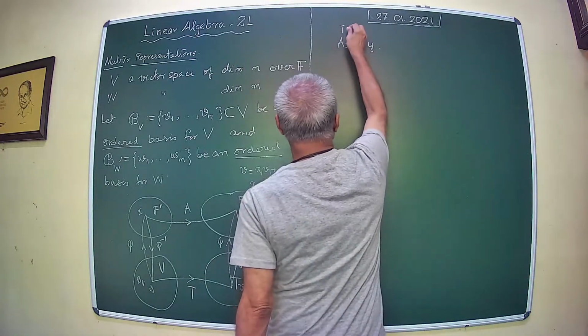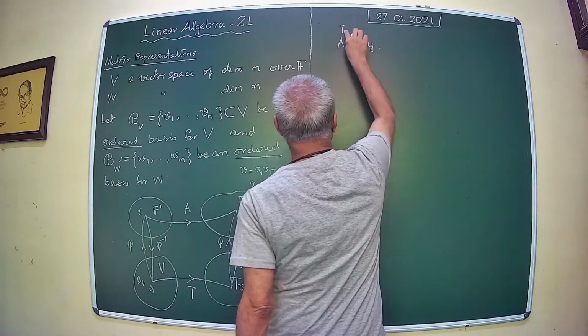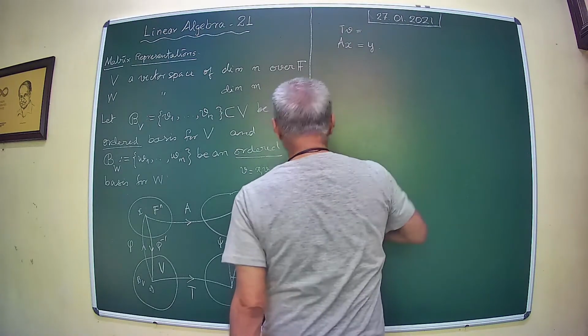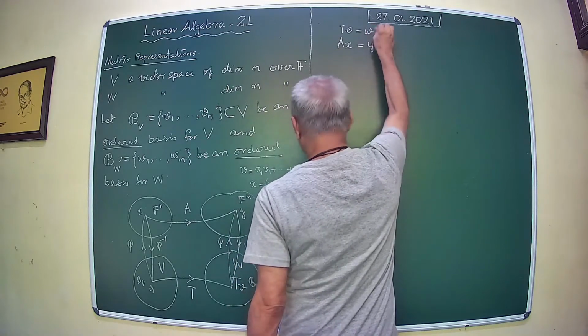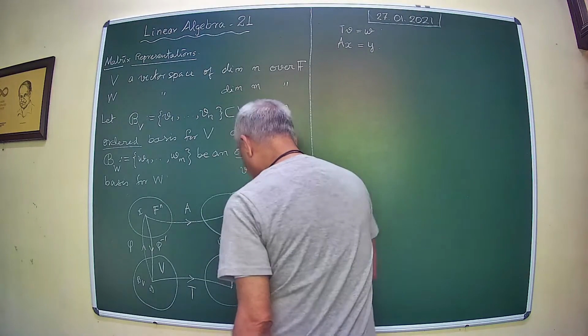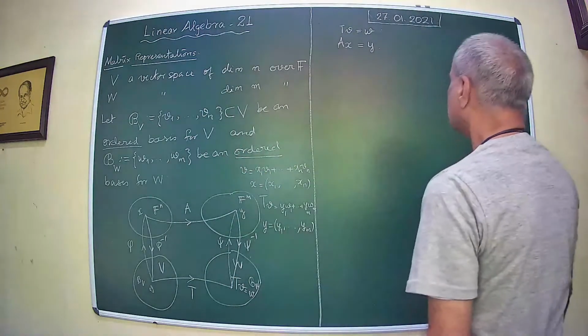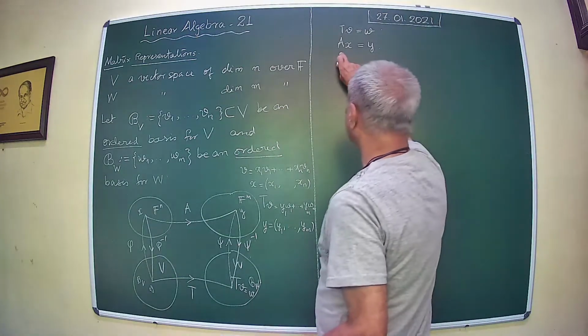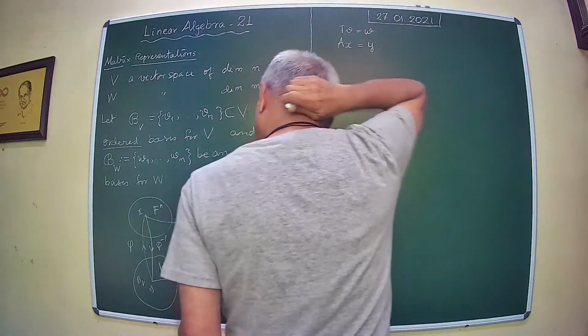On the other side, you have Tv equal to some w. If you want, you denote this by w. And A depends on the choice of the ordered basis.